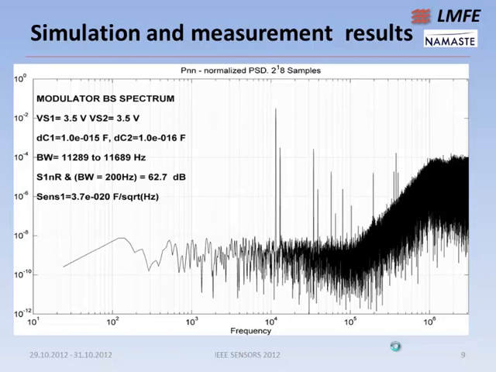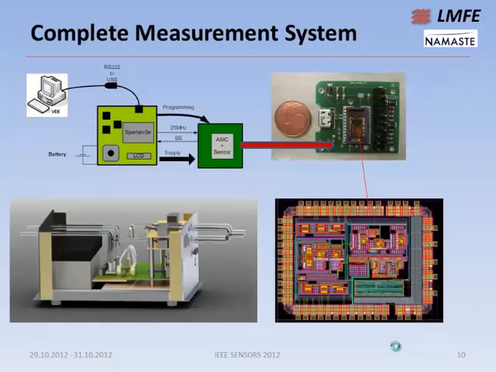You could see that the dynamic range for 1 femtofarad is enormous. So we can back calculate the real sensitivity, and we find that this is 3.7 times 10 to the power of minus 20 farads per root hertz, which is really better than we expected. Of course, this is due to a very careful design of the first stage, the transimpedance amplifier.